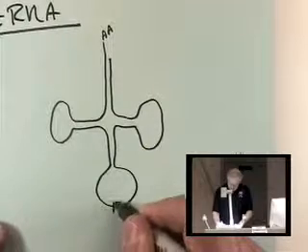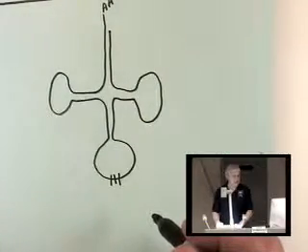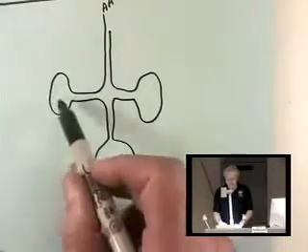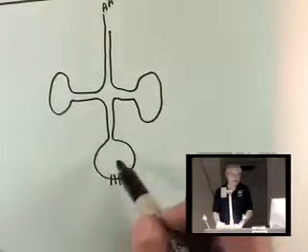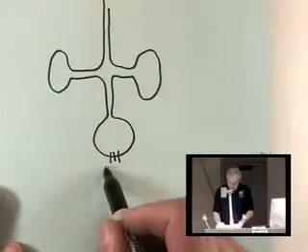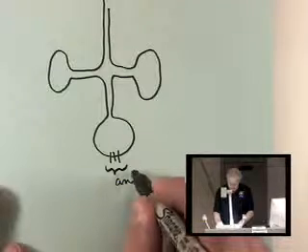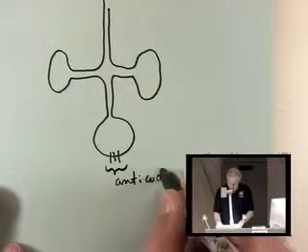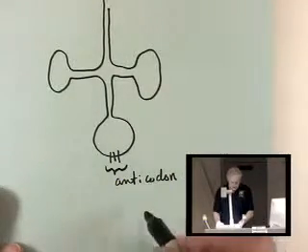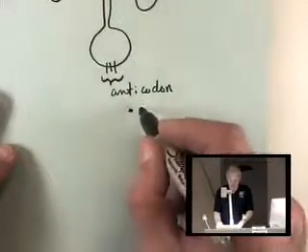And then at this end, in this loop down here, there's 3 nucleotides in a specific sequence. It's loop 1, loop 2, and loop 3. So in loop 2, there's these 3 nucleotides, and they are called the anticodon. So the anticodon is part of transfer RNA.